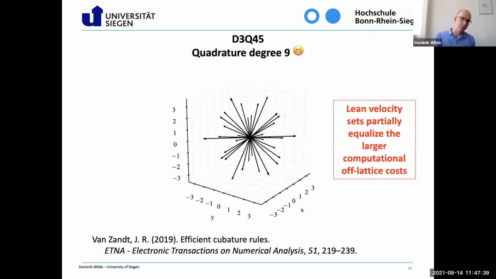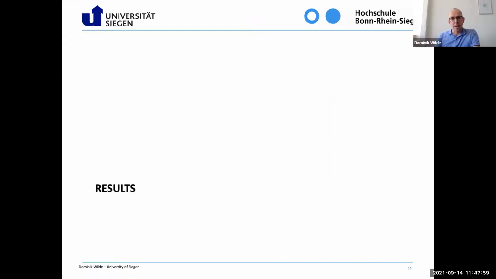This quadrature rule is from a paper from 2019 where I found it, called Efficient Cubature Rules by Van Zandt. He listed it with a number of other quadratures, and this is where I took it and applied it to my simulations. These results I will show you during the next slides.